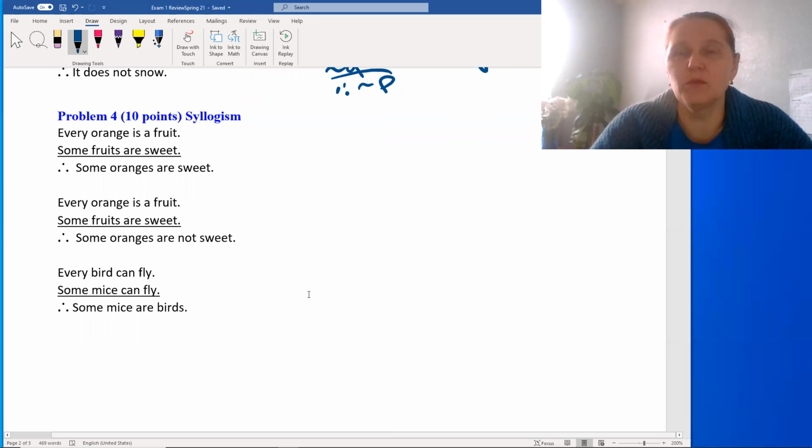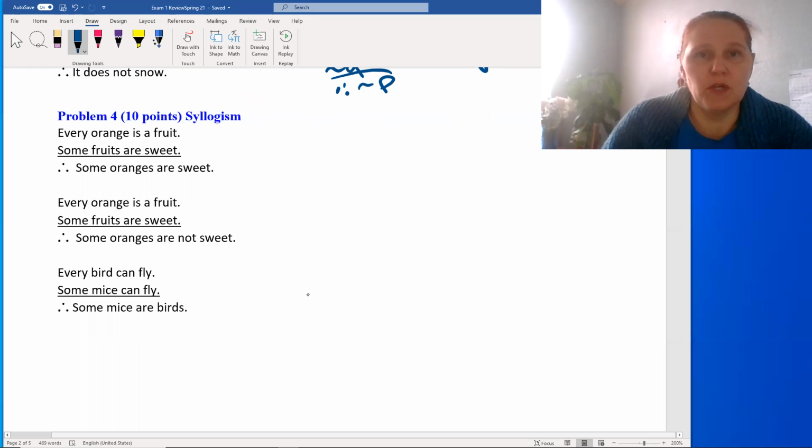If it is invalid, you must show one picture in which the premises are satisfied, and that implies that the conclusion is not satisfied. So the answer must contain one picture, either showing it valid, where there is no other way to show it, or showing that it is invalid.